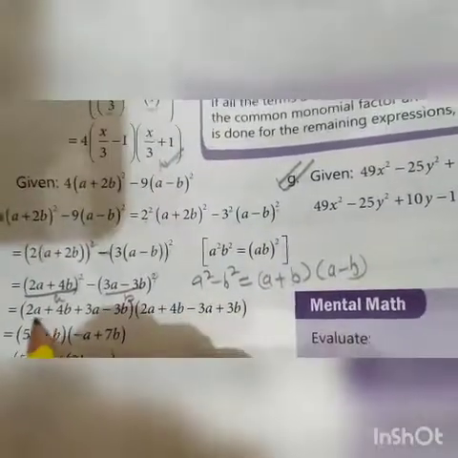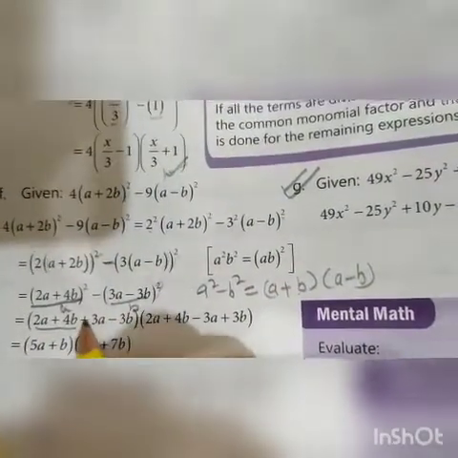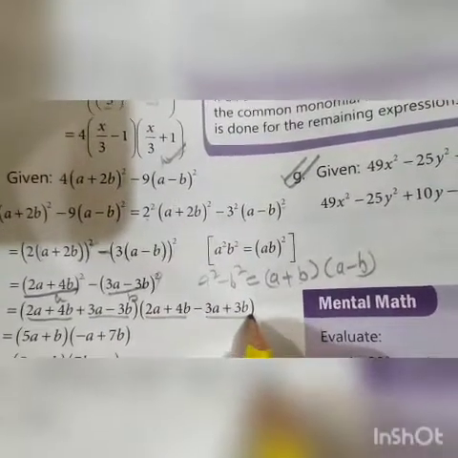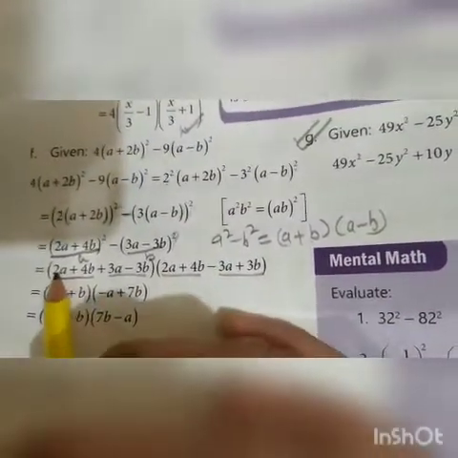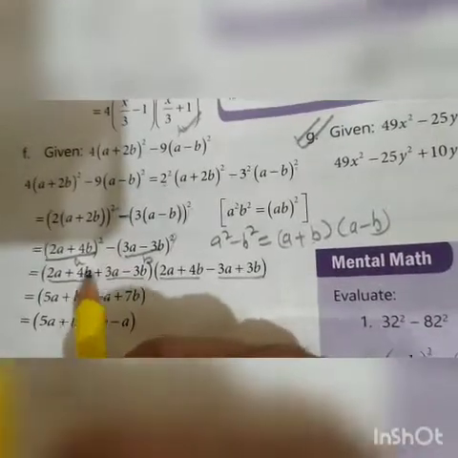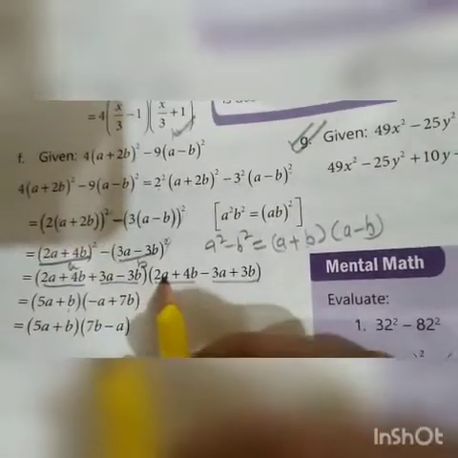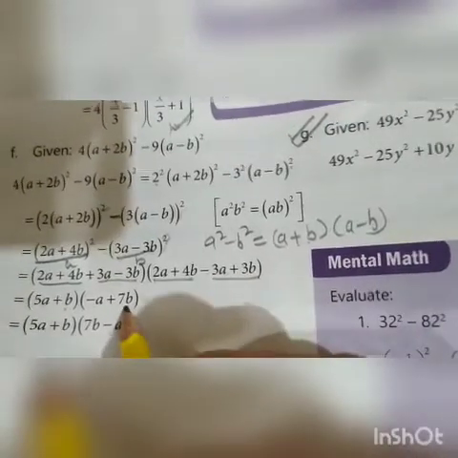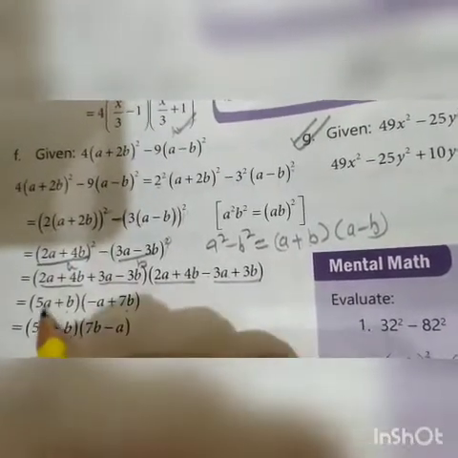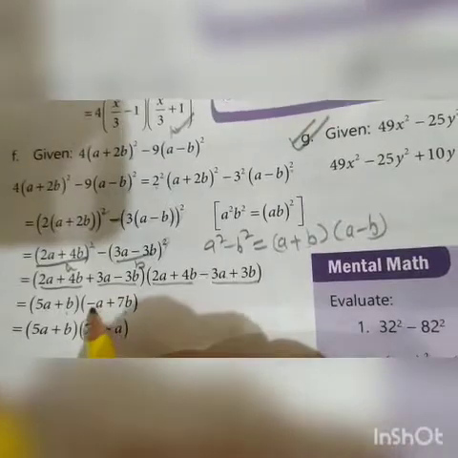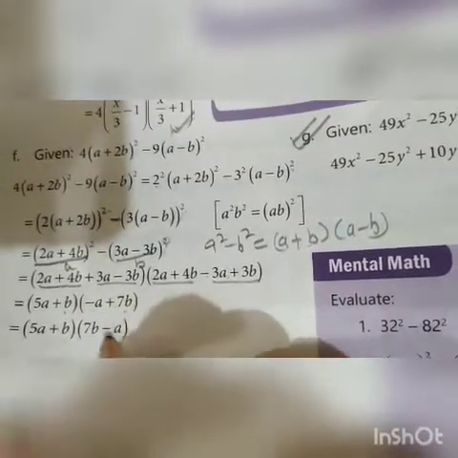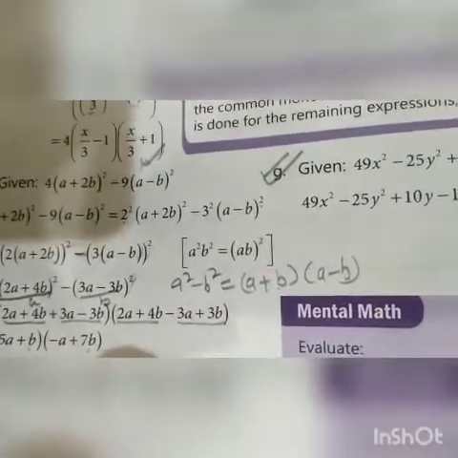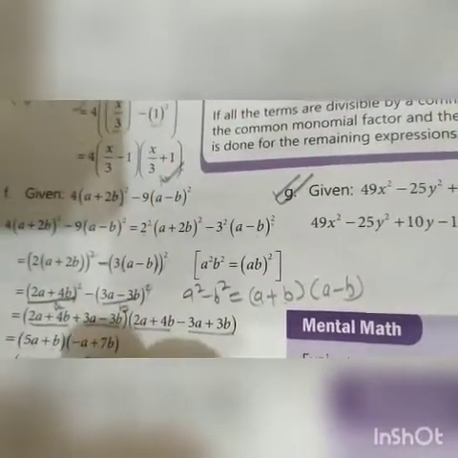So this is a plus b and this is a minus b. Now solve it. 2a plus 3a is 5a, plus 4b minus 3b is plus b. 2a minus 3a is minus a, plus 4b plus 3b is plus 7b. Now (5a plus b), and this minus a plus 7b can be written as 7b minus a. So you can do this R part from here.